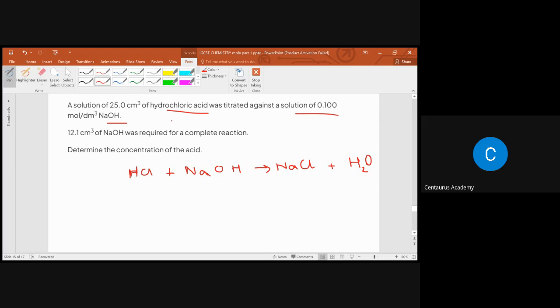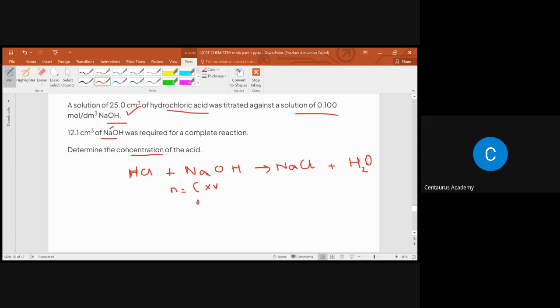What do we have already? We have to find out the concentration of the acid. This means that the other reactant's data must be given to us, and that is sodium hydroxide. The volume is given to you and the concentration is given to you. By using the concentration and the volume, you can find out the moles of sodium hydroxide. Okay. So concentration is 0.1.